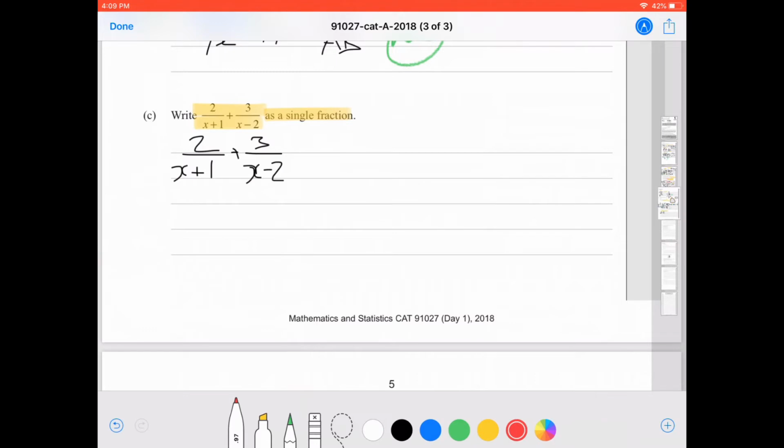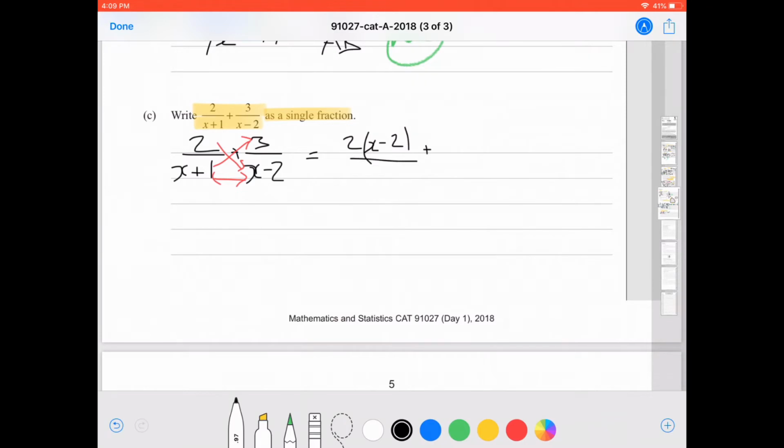So we multiply diagonally. So 2 and x minus 2, and we multiply diagonally again. And we're also going to be multiplying our denominators. So starting at the top left, we've got 2, and I'll even write it out just to understand how this cross multiplication works.